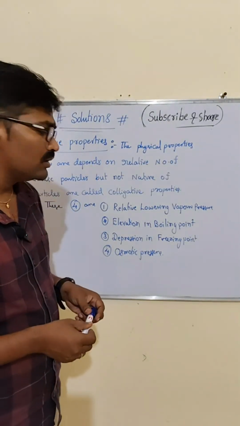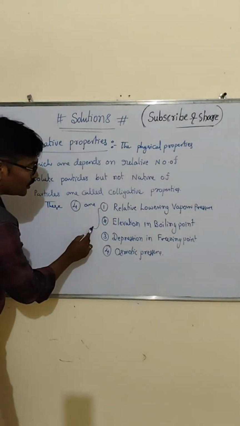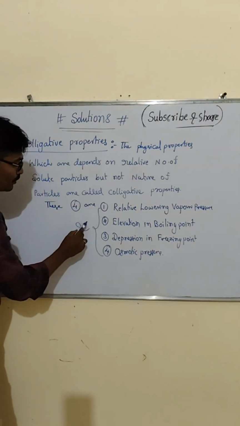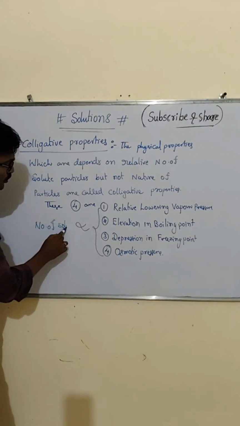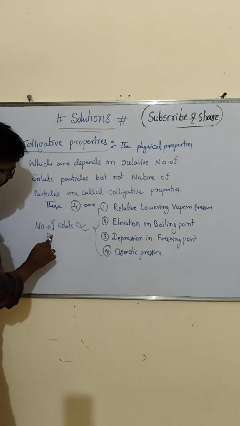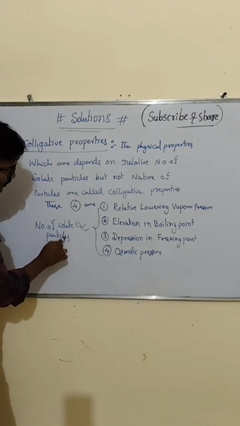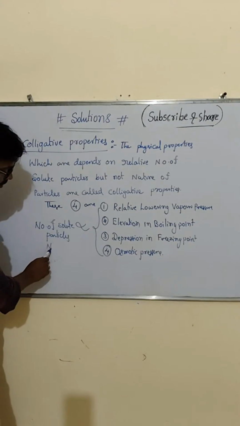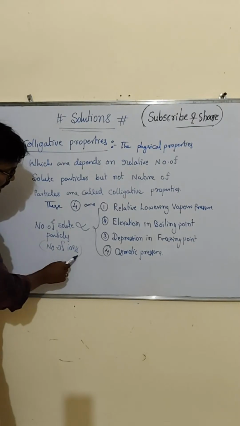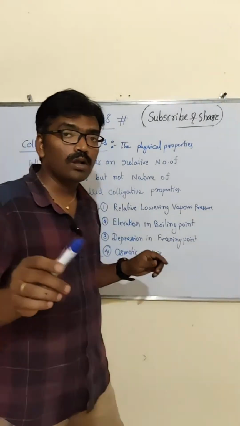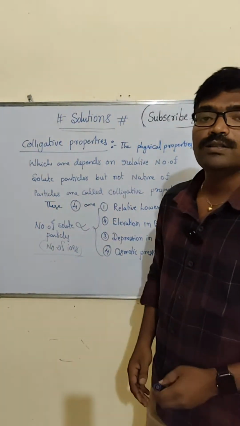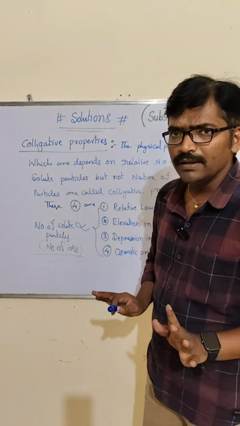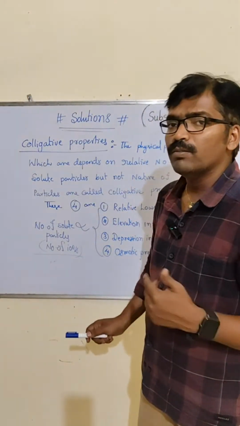All these colligative properties are directly proportional to the number of solute particles, nothing but the number of ions. In case all the solutes are given the same molarity, then it depends upon the number of particles.